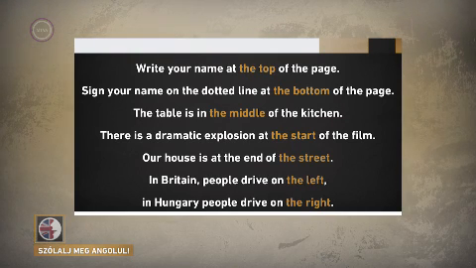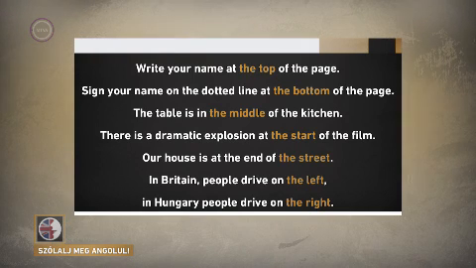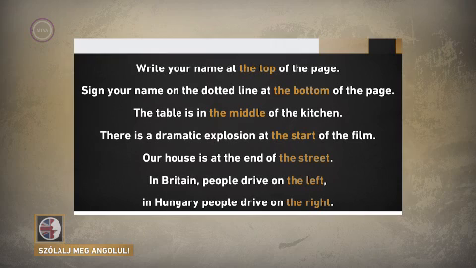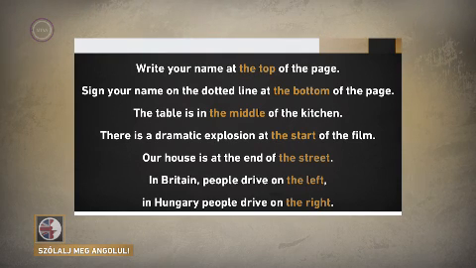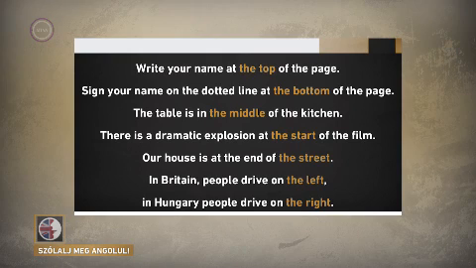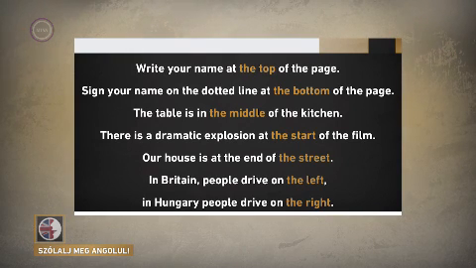Sign your name on the dotted line at the bottom of the page. The table is in the middle of the kitchen. There is a dramatic explosion at the start of the film. Our house is at the end of the street. In Britain, people drive on the left. In Hungary, people drive on the right.